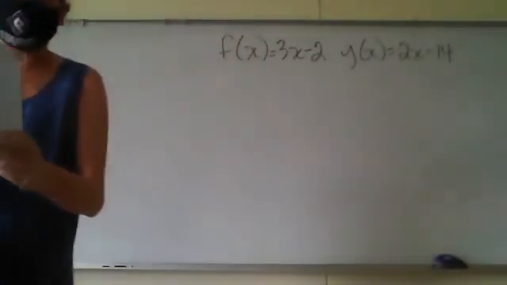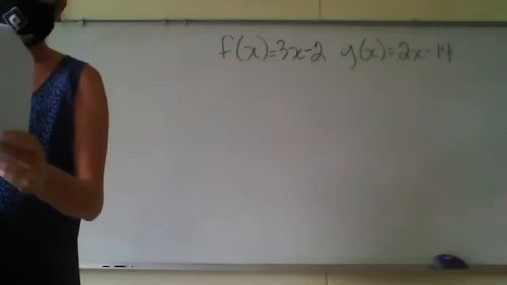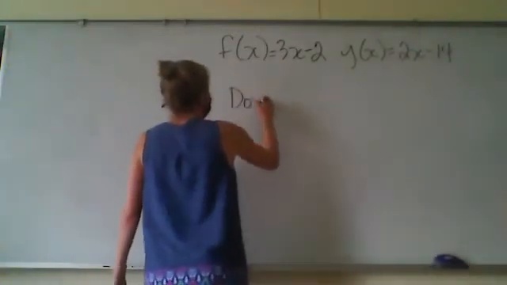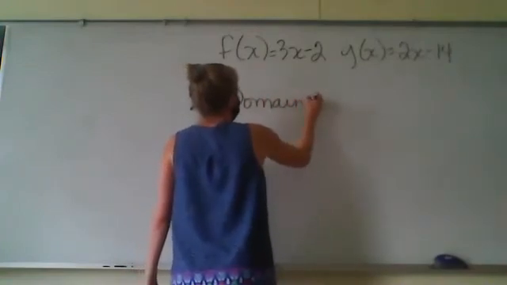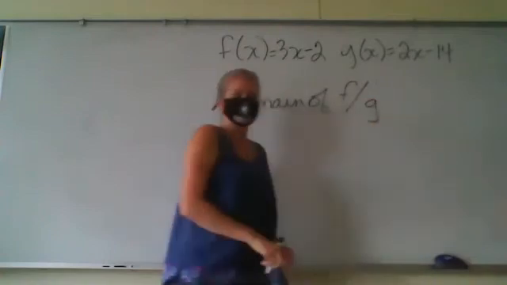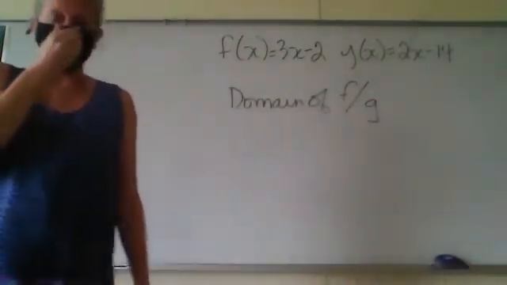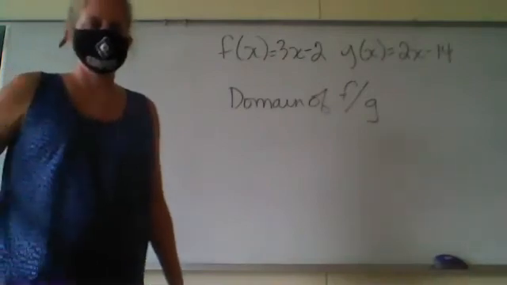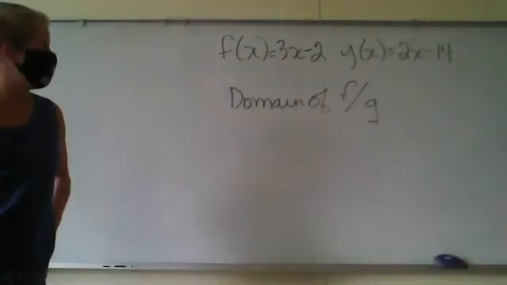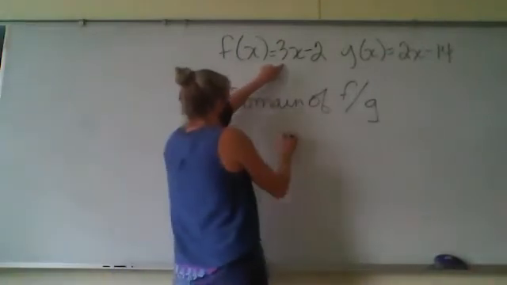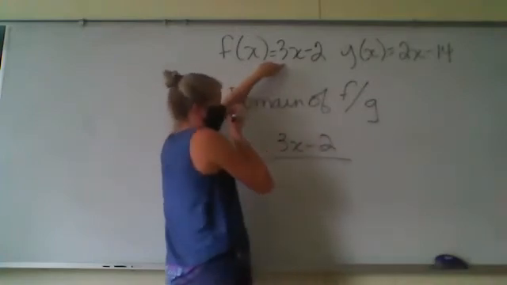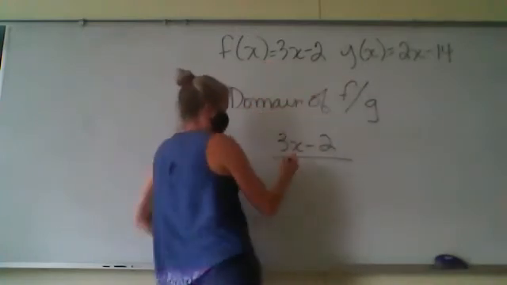And it wants me to find the domain of f over g. So it wants me to put the f function over the g function and then find the domain of whatever that is. So what is my f function? It's 3x minus 2. My g function is 2x minus 14.